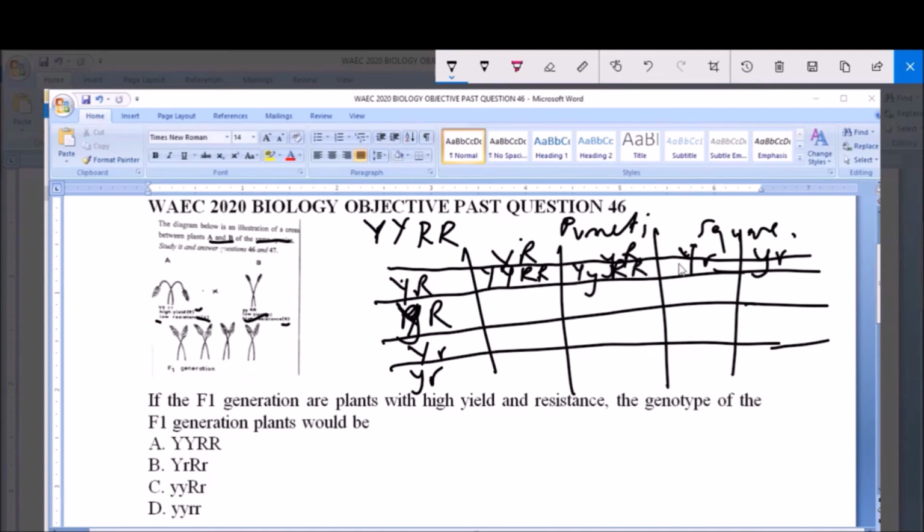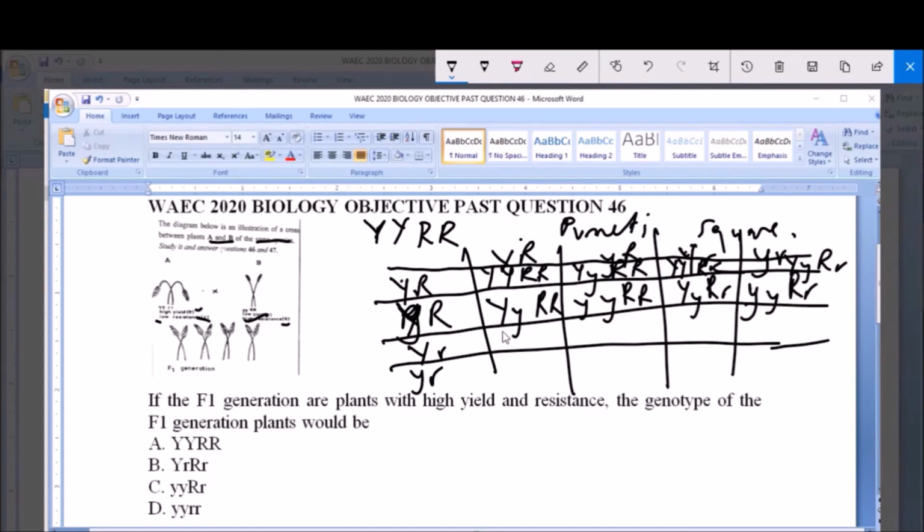capital R, capital R. Here we have capital Y, capital Y, capital R, small r, capital Y, small y, capital R, small r. On the next one, you have capital Y, small y, capital R twice. You have small y, capital R, capital R. Next you have capital Y, capital R, small r. Small y, capital R, small r.